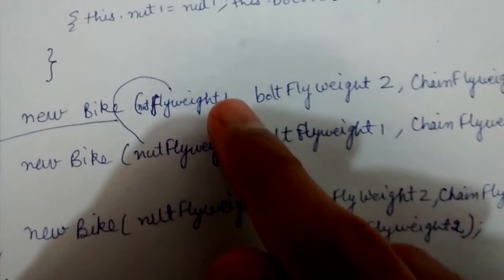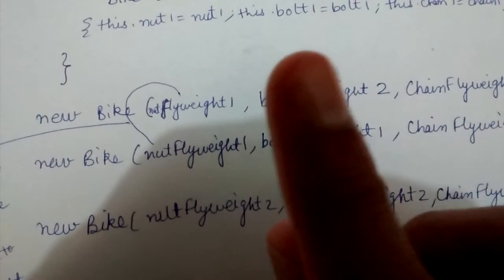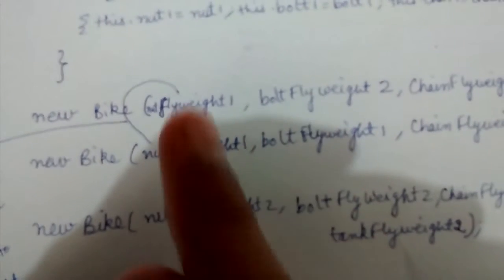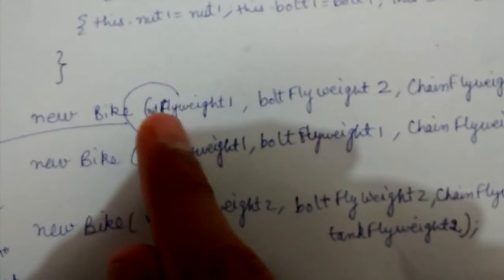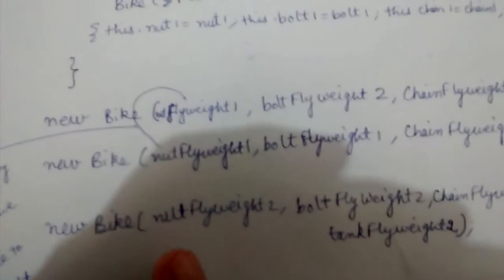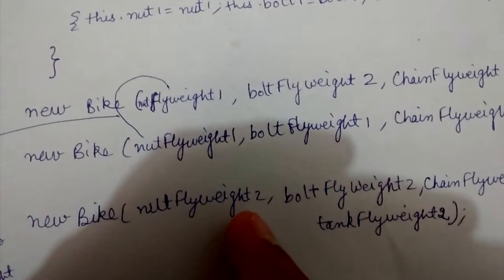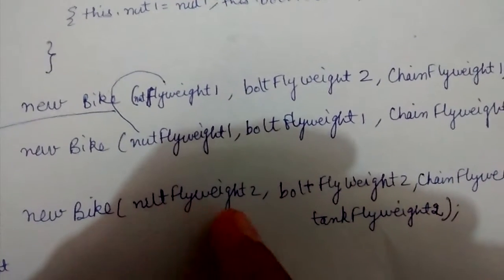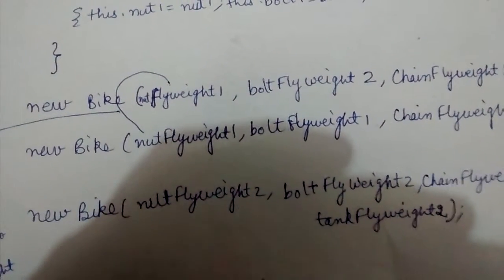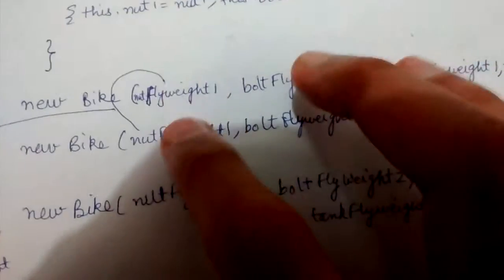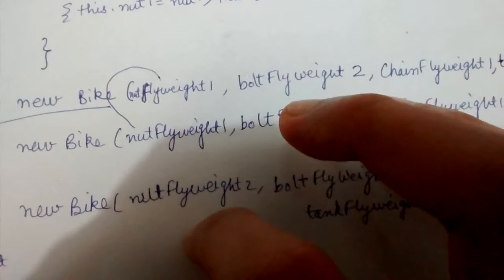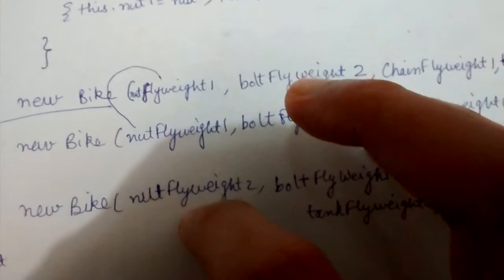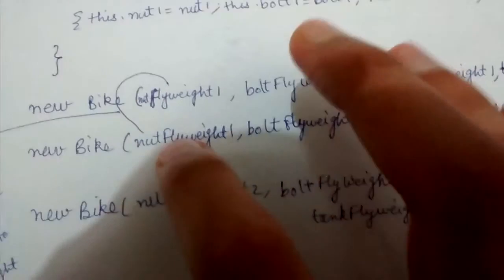That is, if you want to have a size 1 nut, I will definitely pass nut flyweight 1. If I want a nut of size 2, I will definitely pass nut flyweight 2. So I have one object of nut per nut size when creating a bike.